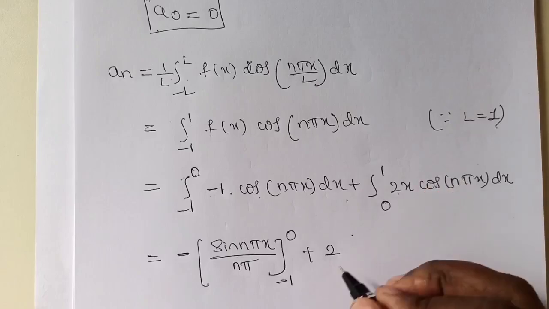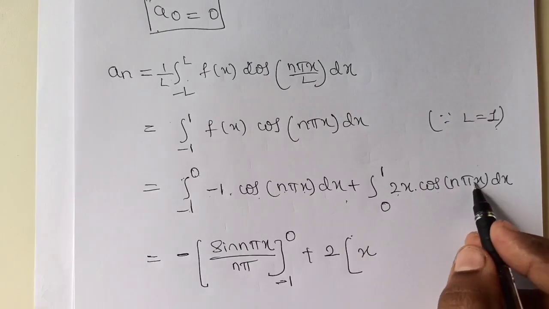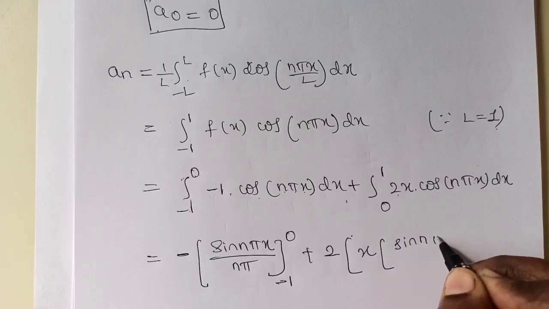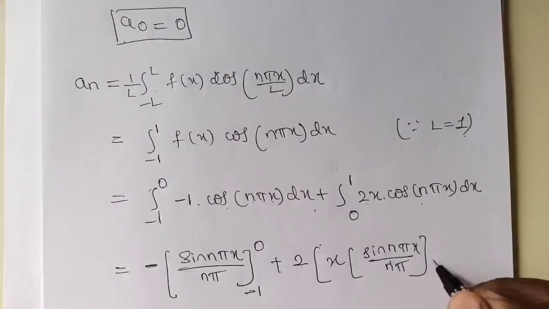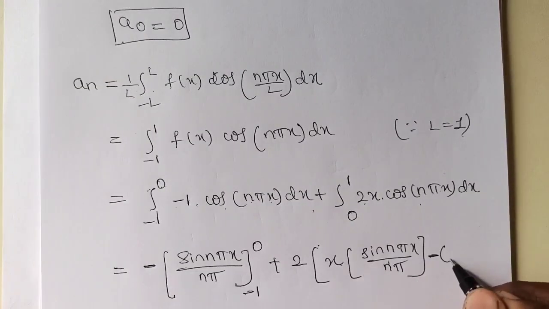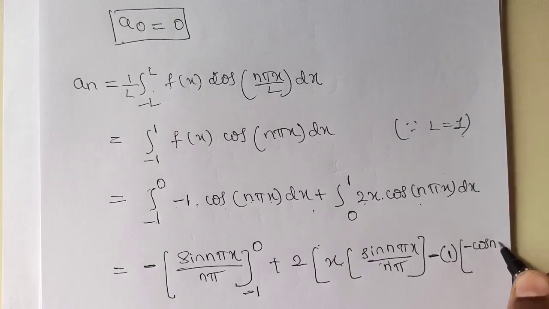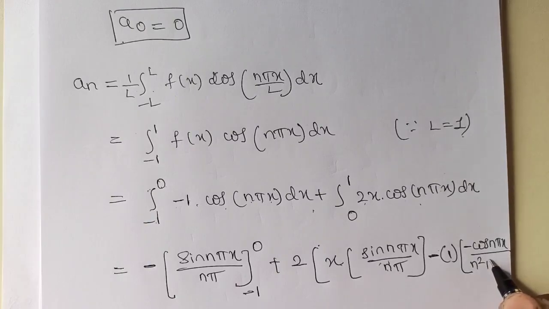Integrating by parts, we get x as it is times the integration of cos(nπx), which is sin(nπx)/nπ. Next, minus the differentiation of x, which is 1, times the integration of sin(nπx), which is minus cos(nπx)/(n²π²).